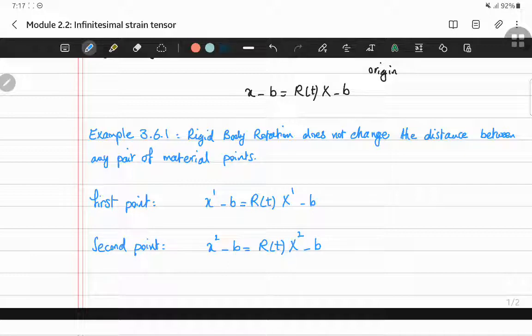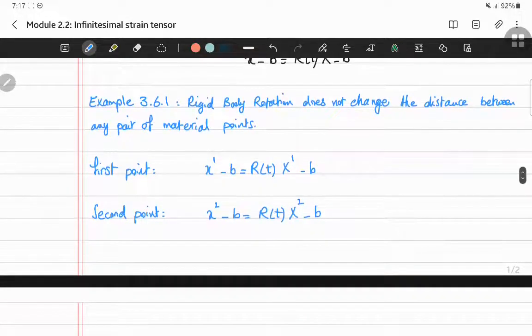What I mean by this is that you have a point like point 2, and you use this rigid body rotation to transform it to a small x2. I hope you get it.